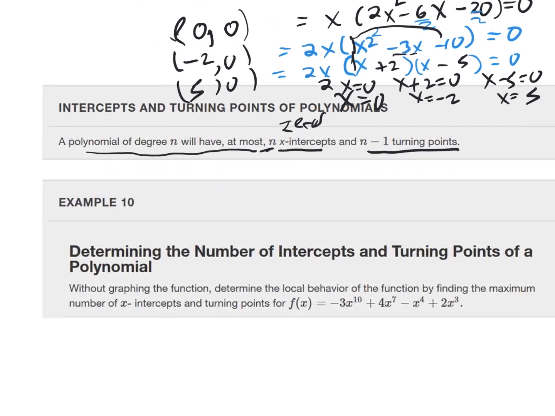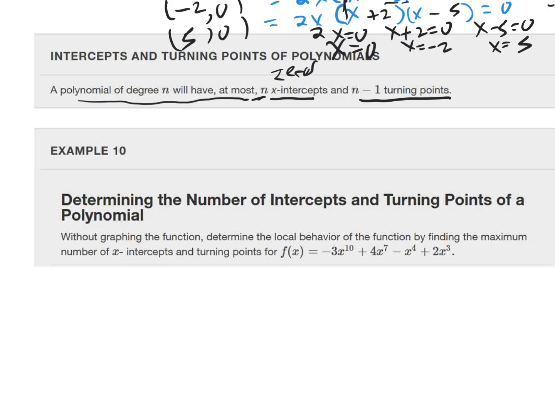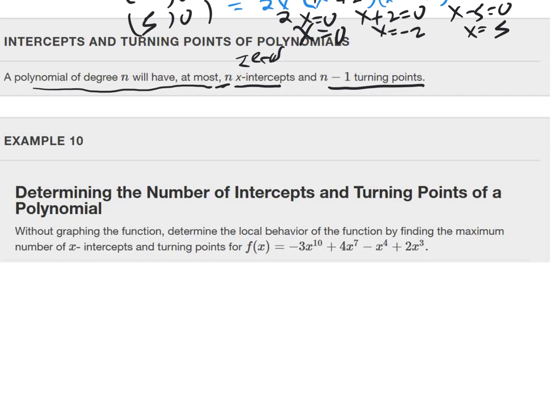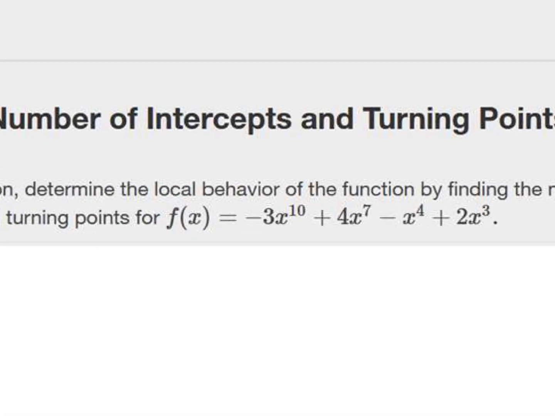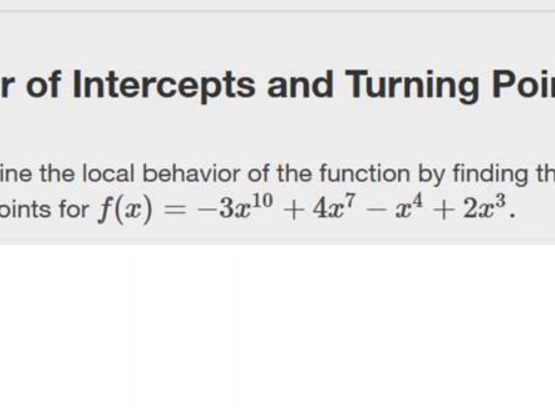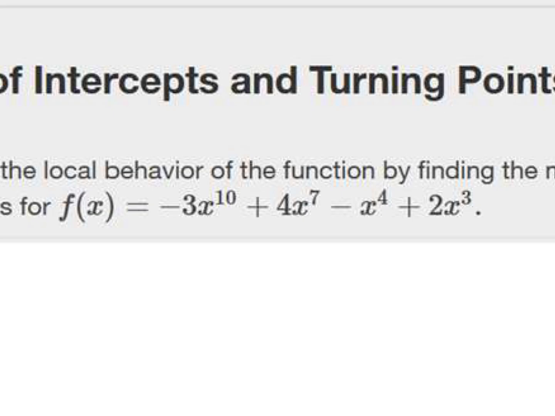So sample 10. Determine the number of x-intercepts and the turning points. They're not asking us to find them, I don't believe. Just determine how many there will be. So look at this here. It's huge. It'd be hard to solve for the x-intercepts. I could not do it by hand, I'll be honest with you.